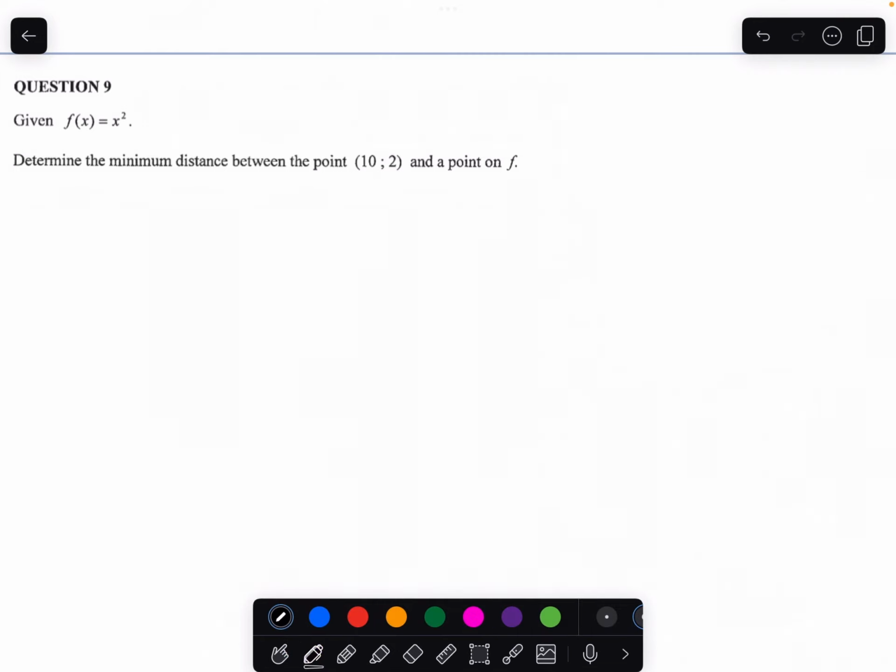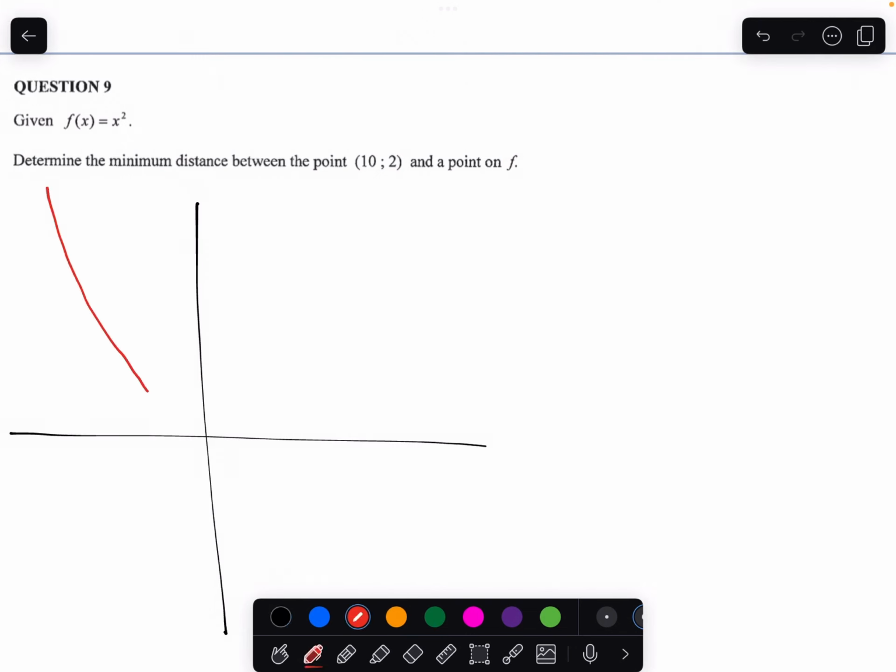So the second approach that they take in the memo is they say, okay, cool. So we have this parabola, y is equal to x squared. And then we have this point, 10, 2, right? So if you join this point with a point on the parabola, right?